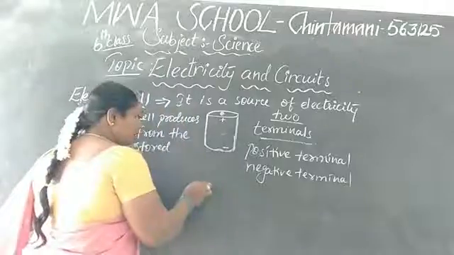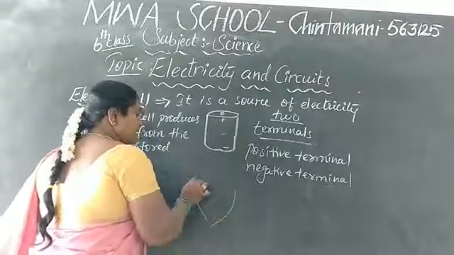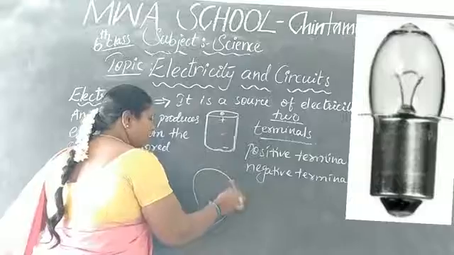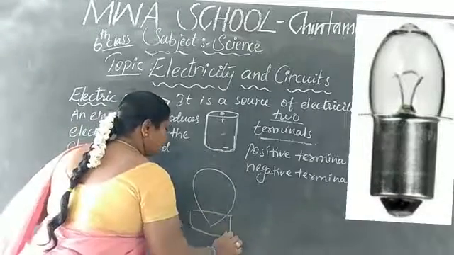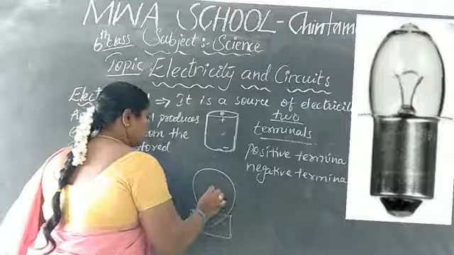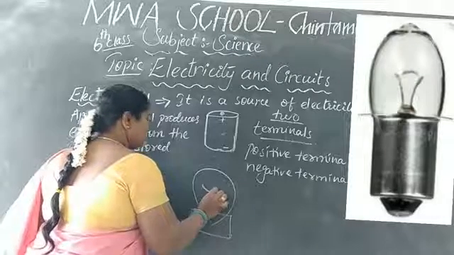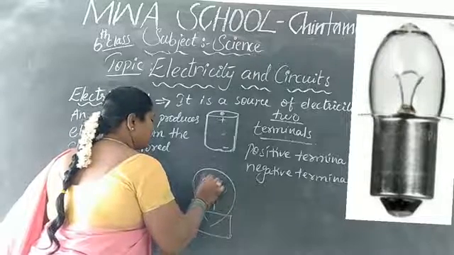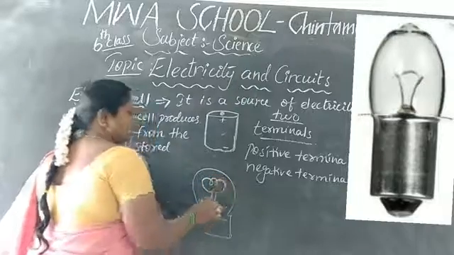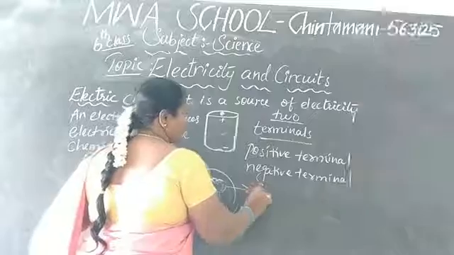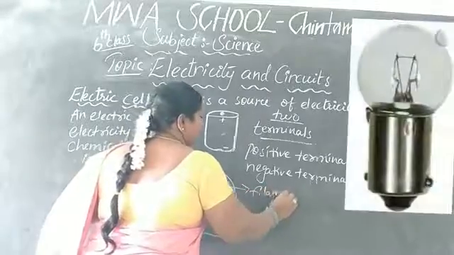So here in the bulb you can see like this, the filament is given, children. Have you observed it inside? This one we call the filament.